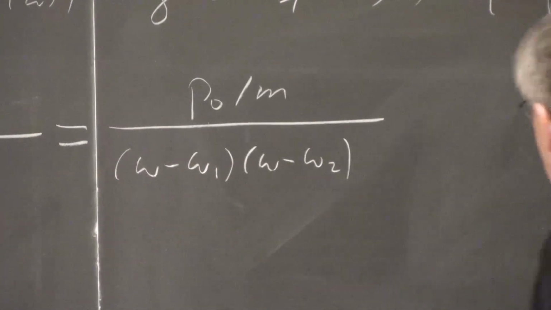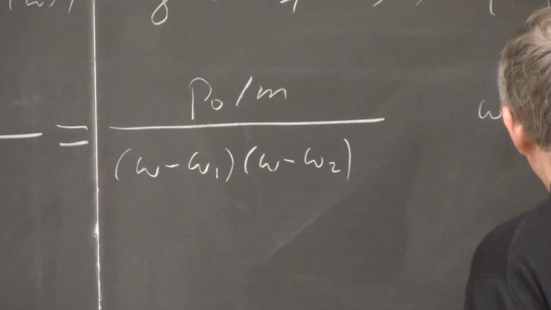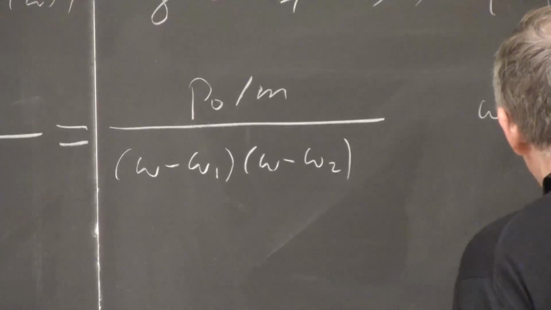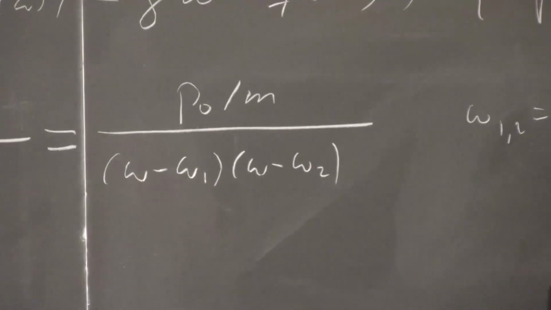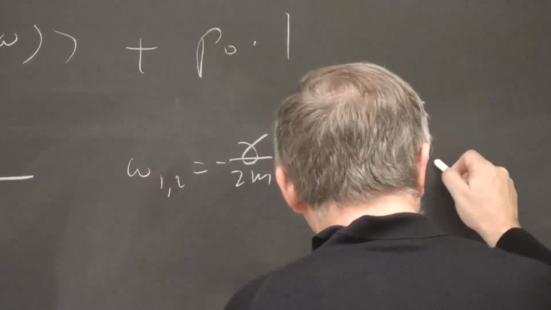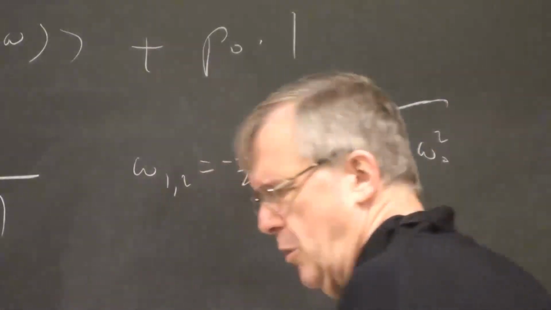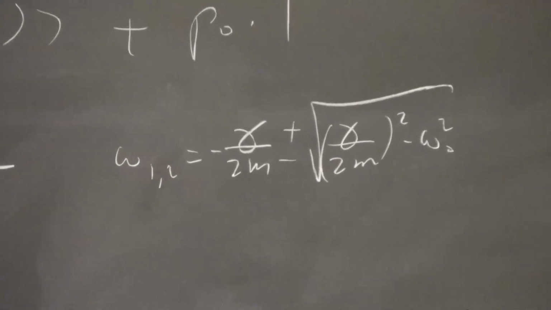So omega 1 and omega 2, this of course we know from high school physics, from high school mathematics, is gamma over 2m squared minus omega 0 squared. So you have to use what you learned in high school and use it here.